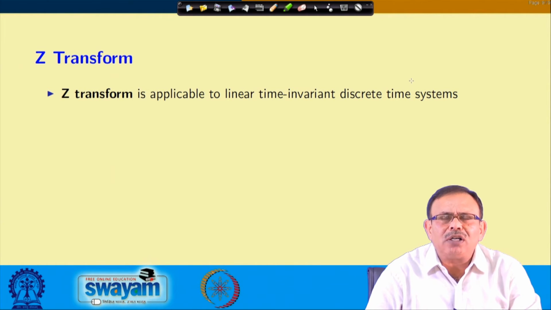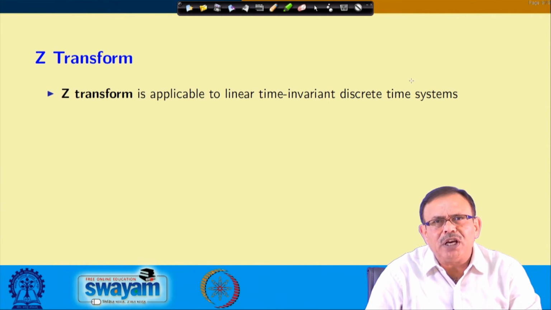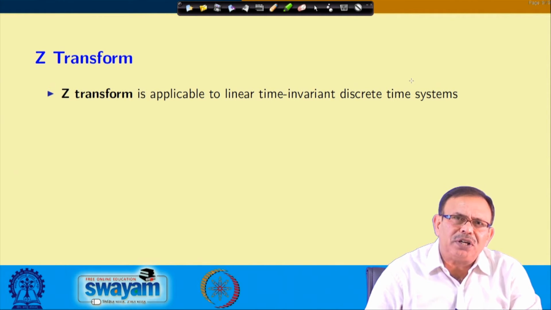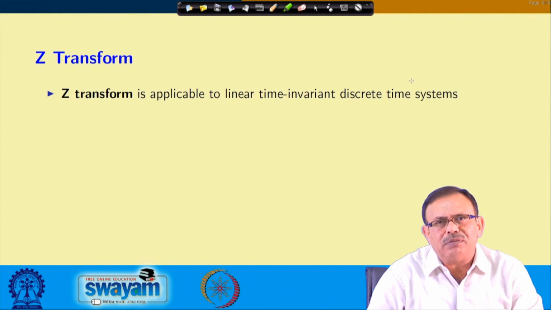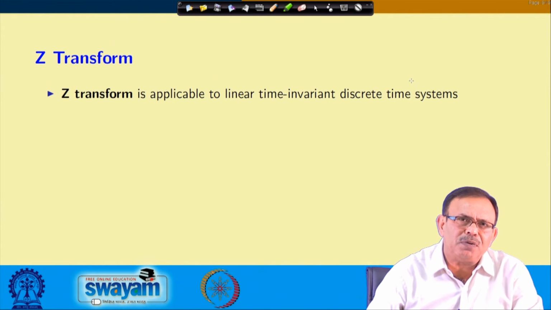In all earlier cases, we have taken only continuous values, but here a parameter or a variable can take only discrete values. Therefore, this Z transform can be used whenever the parameter value can take only discrete values. Then we use the Z transform, and this is a linear time invariant system. In statistics, mostly this Z transform is used.